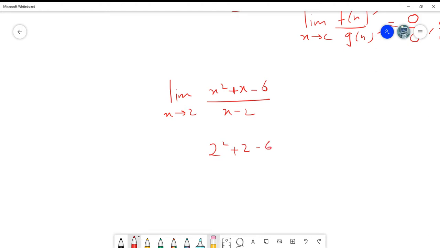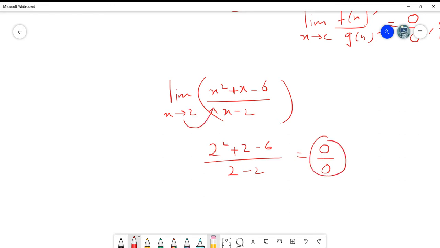I'll end up with 0 over 0. So in my original expression, if I use the limit given, I end up with 0 over 0. Which means L'Hopital's rule can be applied and I need to differentiate both, leaving me with 2x plus 1 over 1. And all I have to do now is plug in the value 2 and I'll get the answer.